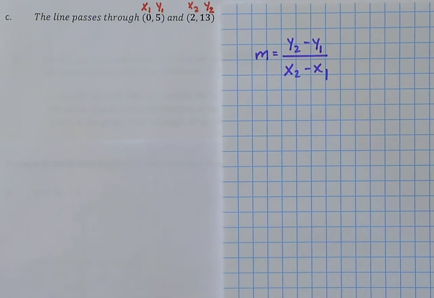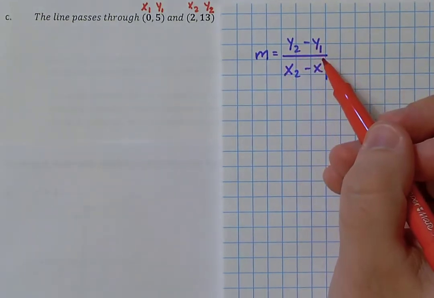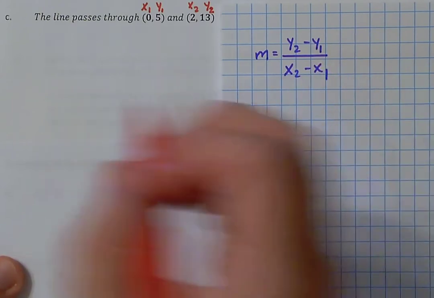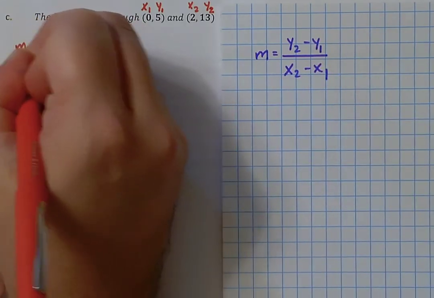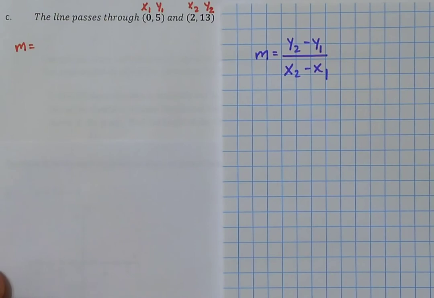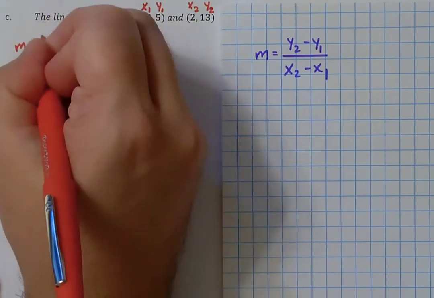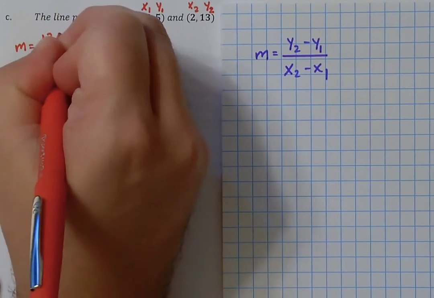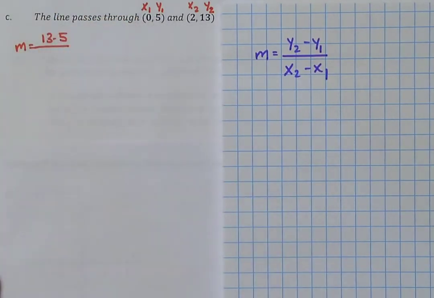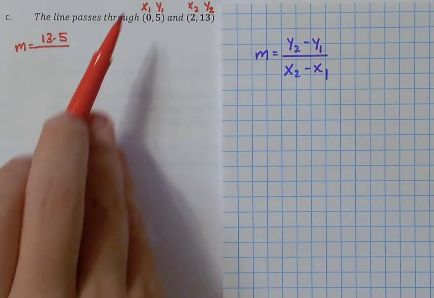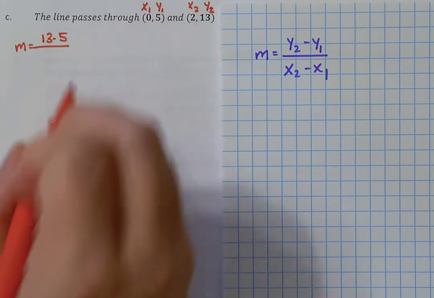So now that I have my x1, y1, x2, y2, we're going to plug it into the slope formula to figure out what my m is. So m equals, it's y2 minus y1, so it's going to be 13 minus 5. And then that's going to be over x2 minus x1, so 2 minus 0.